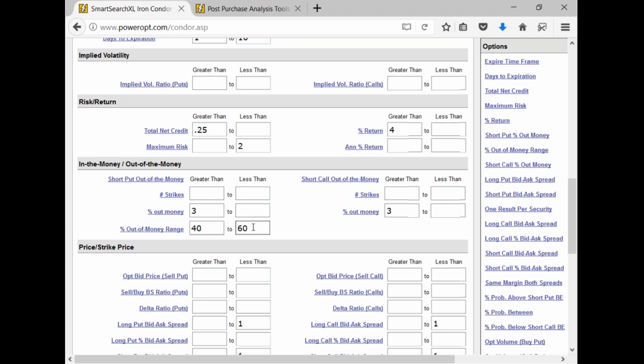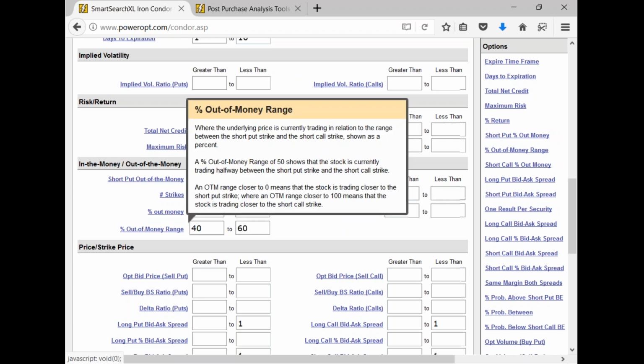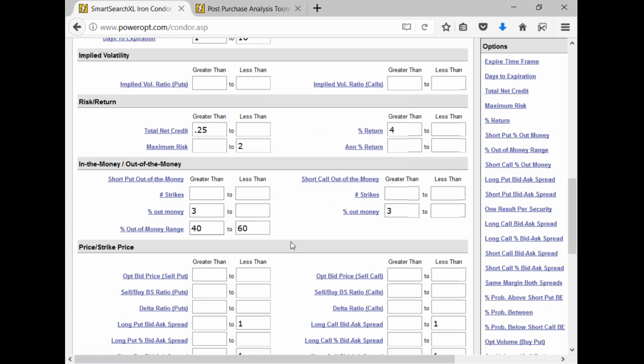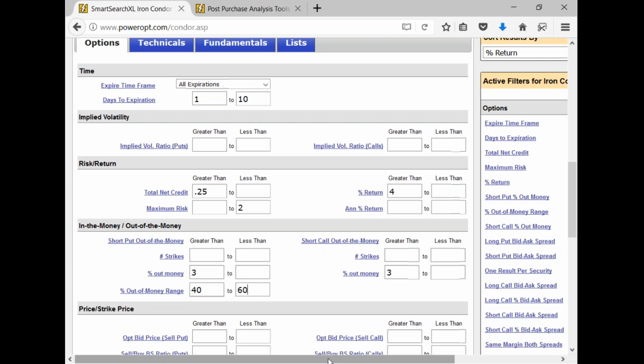Reverse, a stock that's fallen, you think it's going to move back up, you'd skew the percent out of the money range the opposite way. You'd look for something maybe 0 to 20, so your short put is at the money, just slightly out of the money, but the call might be very far out of the money as well. Okay, so this helps you dial in where you want the stock price to be. I prefer it to be right in the middle when I open a position.